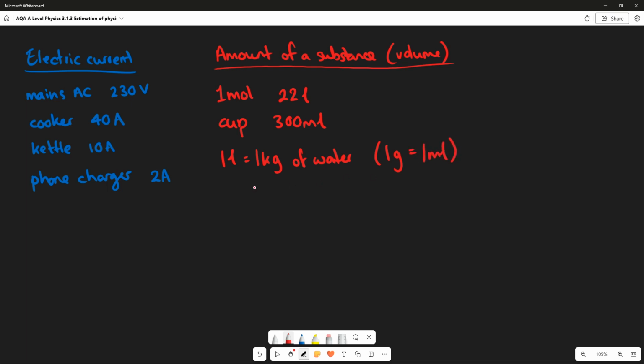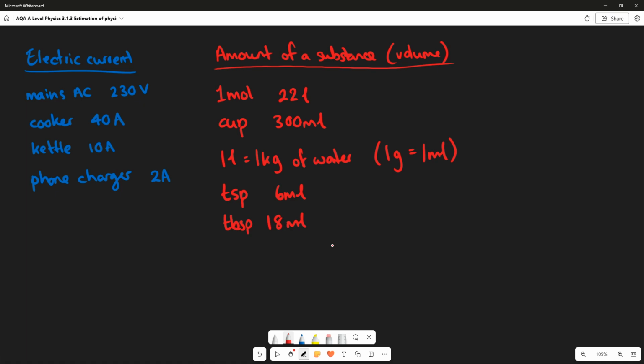Okay, so 1 litre, 1 millilitre, 1 gram, 1 kilogram. If you are into your baking, then you might know that a teaspoon is approximately 6 millilitres, and a tablespoon is approximately 18 millilitres.